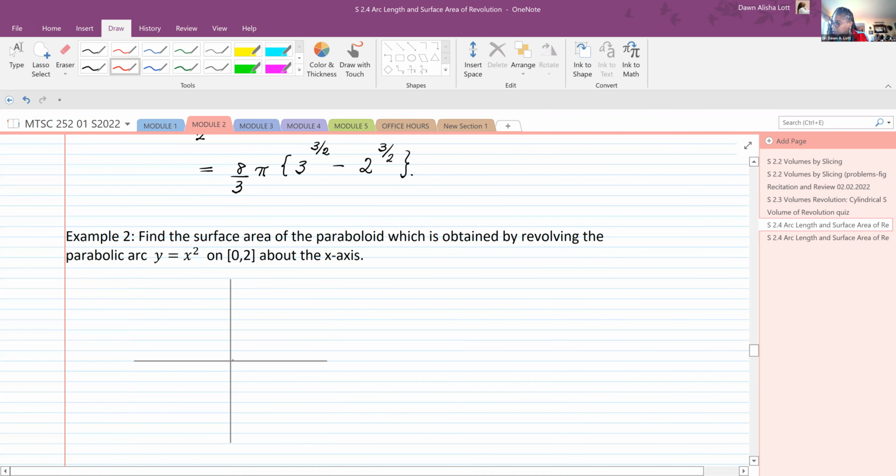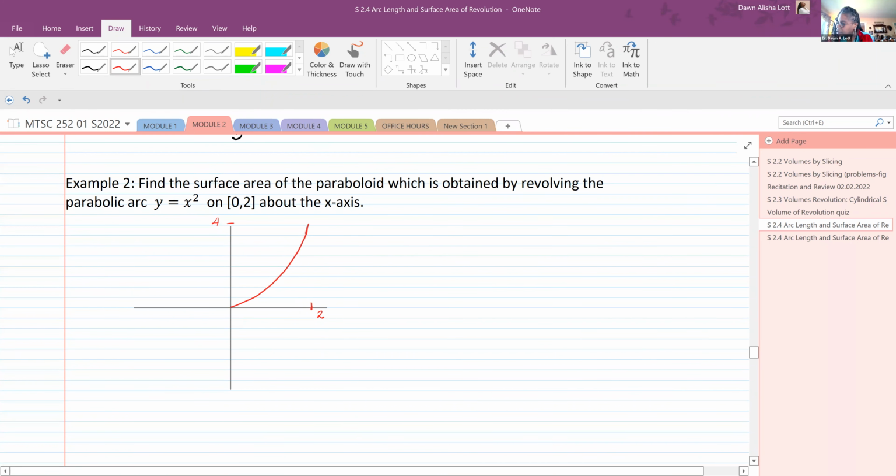So y equals x squared looks like this. And so on the interval 0 to 2, this height would be 4. So let's make that a 2. And then we're going to revolve the same arc about the x-axis. So when we do that, we get this.